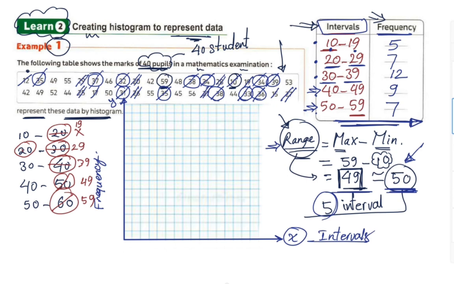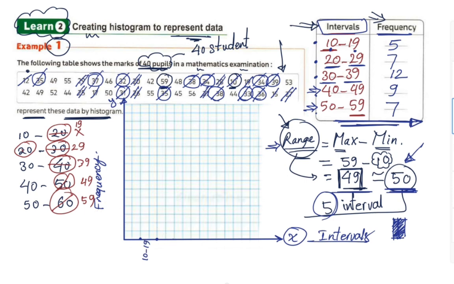Now, I will make each interval as a column with 2 parts. I will draw like this. Now, I will leave the first 2 columns empty and I will start my interval from here. First interval from 10 to 19, sorry. I will take these 2 columns. Now these 2 columns represent the first interval, 10 to 19.